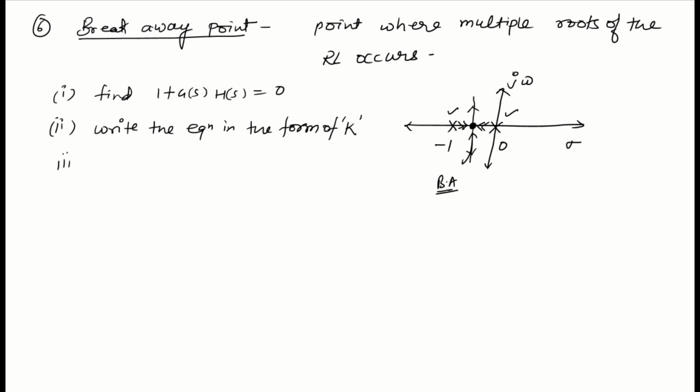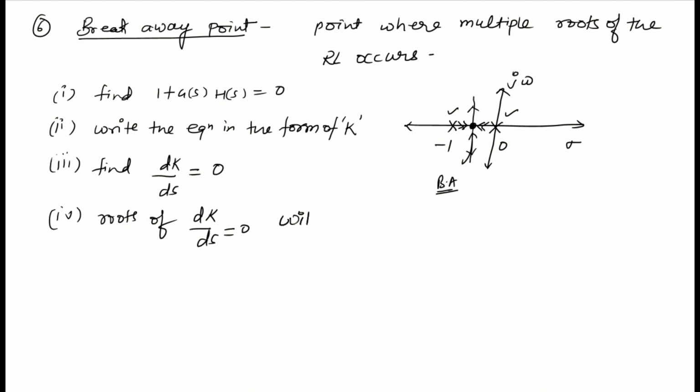Then in the third step, we will calculate dk by ds: we differentiate this equation with respect to s and equate it to 0, so dk by ds equals 0. The roots of this equation dk by ds equals 0 will give the breakaway point. Again, we will discuss all these steps when we take examples later on.